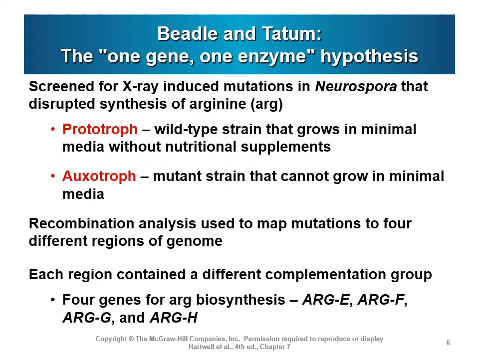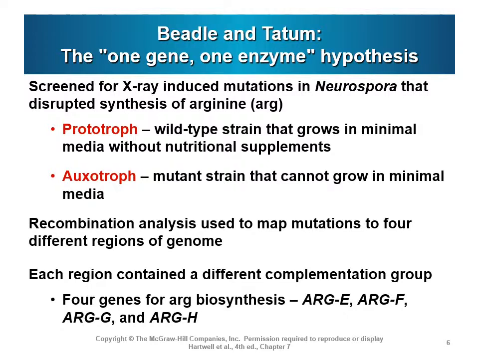One is prototroph, which is the wild-type strain that grows in minimal media without additional supplements for growth, and another strain is auxotroph, which is the mutated strain that cannot grow in minimum media. It requires some additional supplements for growth.